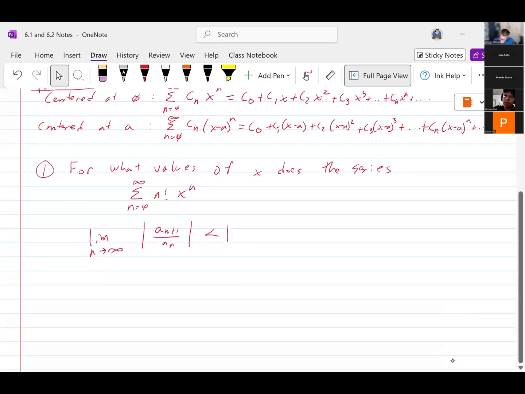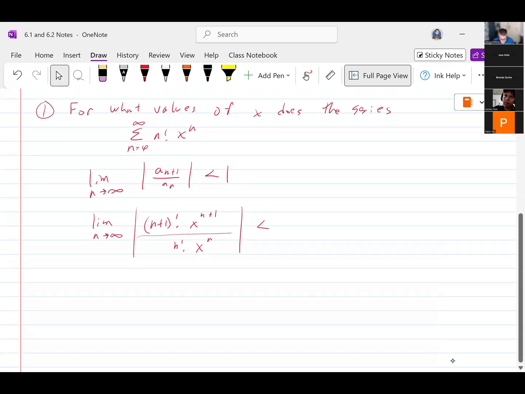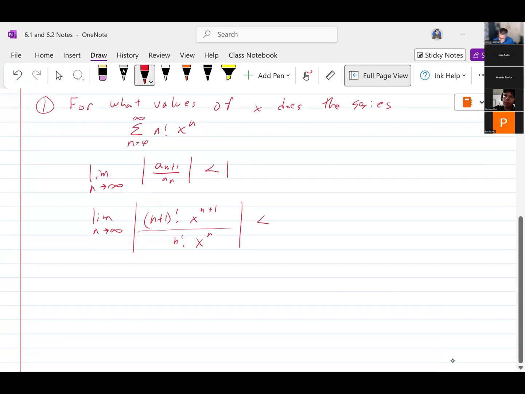So let's plug this in. I have the limit as n goes to infinity of (n plus 1) factorial x to the n plus 1 all over n factorial x to the nth power. The (n plus 1) factorial can be written as n plus 1 times n all the way down to 1, so n plus 1, n, n minus 1, dot dot dot, all the way to 3, 2, 1.